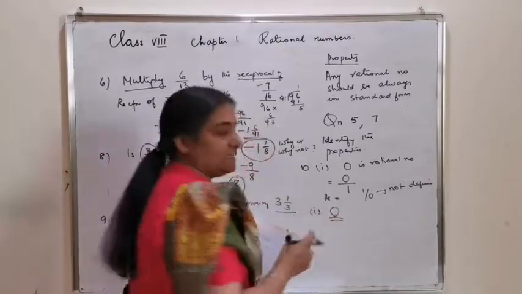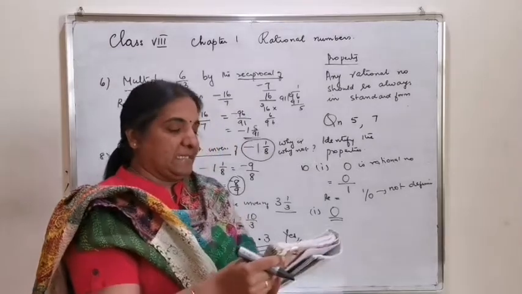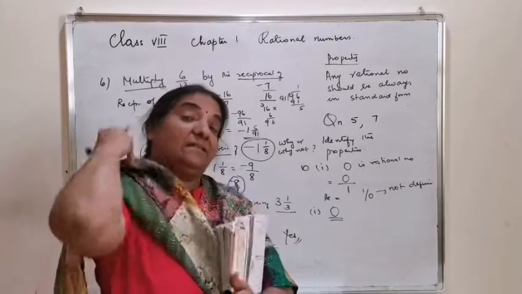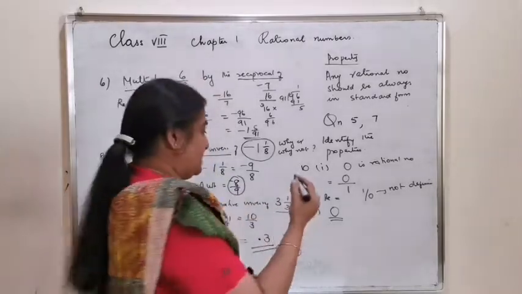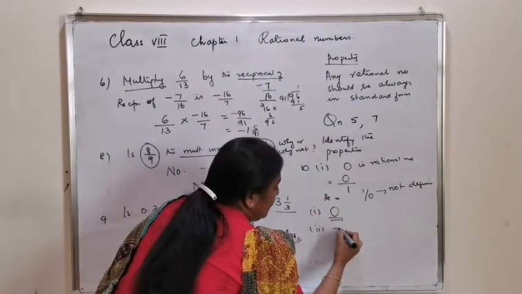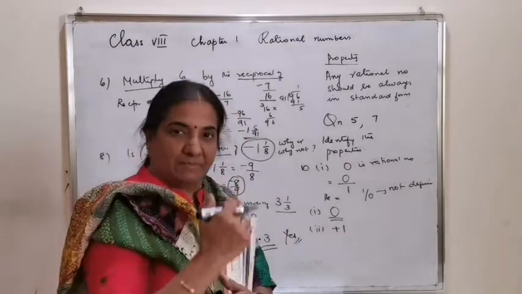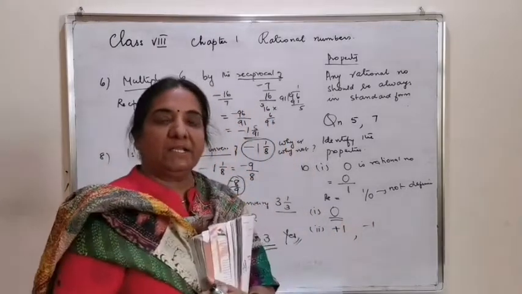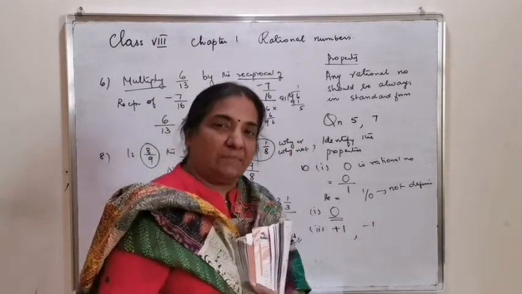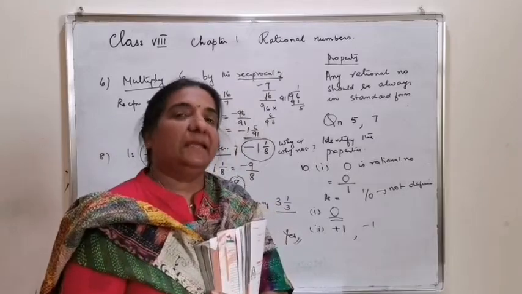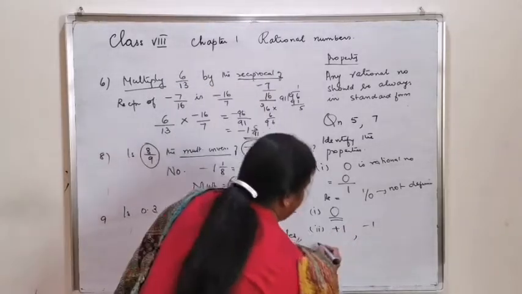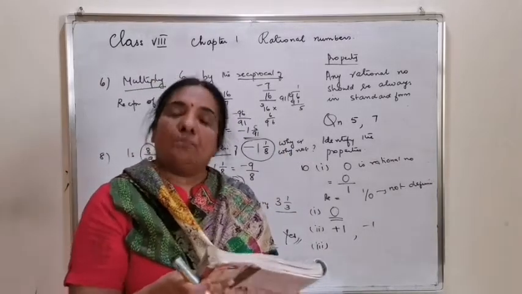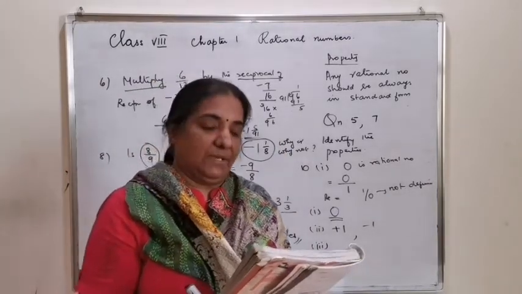The first one's answer is 0. The rational numbers that are equal to their reciprocals: there are two rational numbers, because the reciprocal of positive 1 is 1 by 1, and the reciprocal of negative 1 is also 1 by minus 1, again negative 1. Thus, the two rational numbers which are equal to their reciprocals are positive 1 and negative 1.